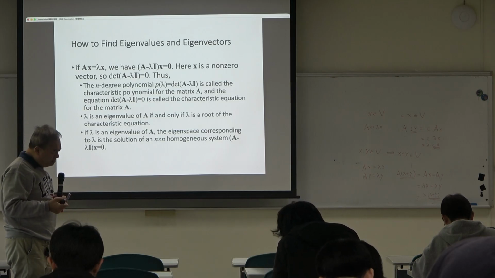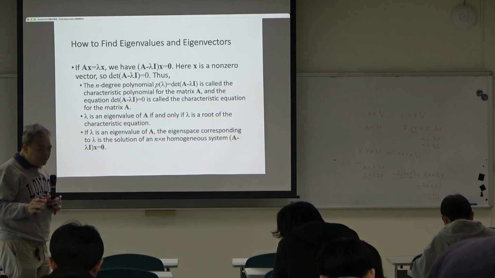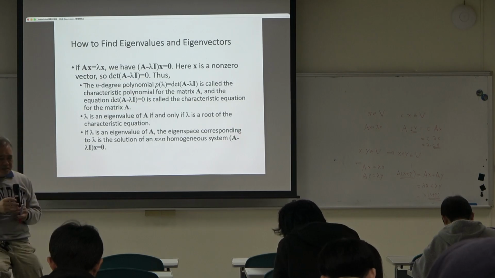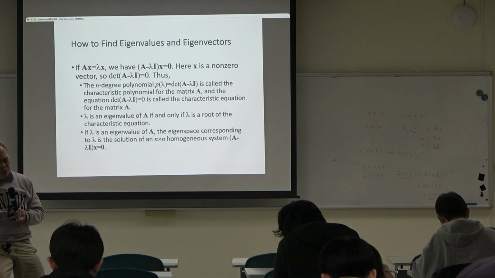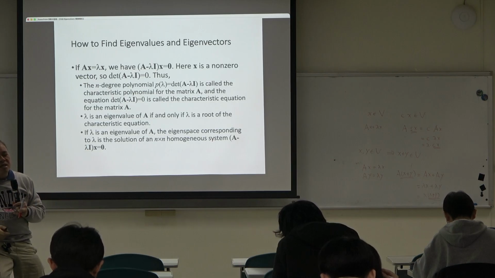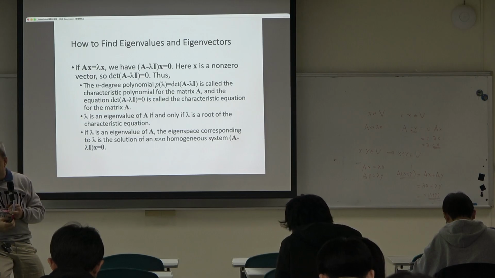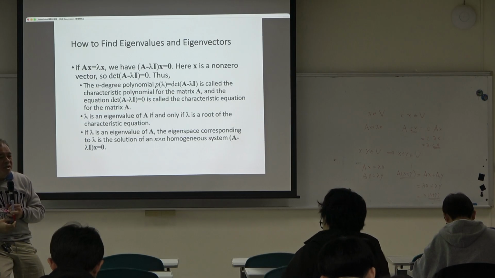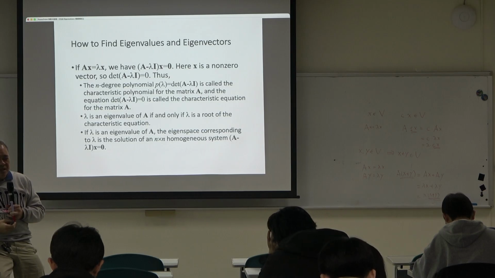A few things to clarify. For an n by n matrix, you can imagine the degree of the characteristic polynomial is n. Before you do any calculation, you will be able to tell the degree.